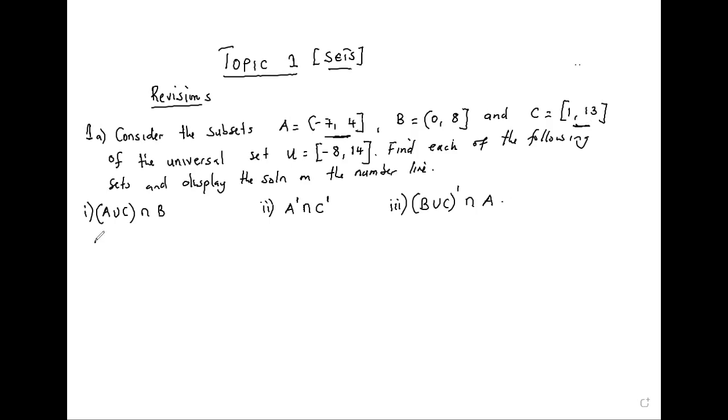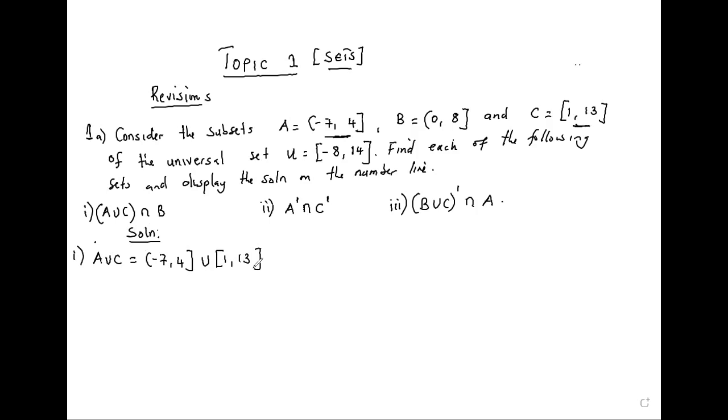So I first get part 1, A union C. That is -7,4 union 1,15.